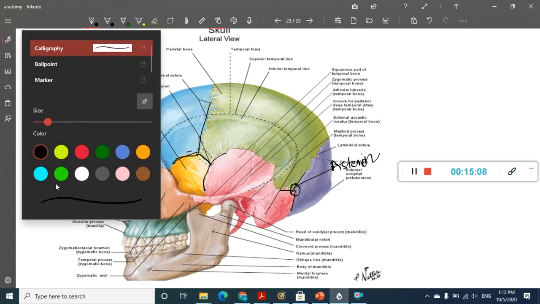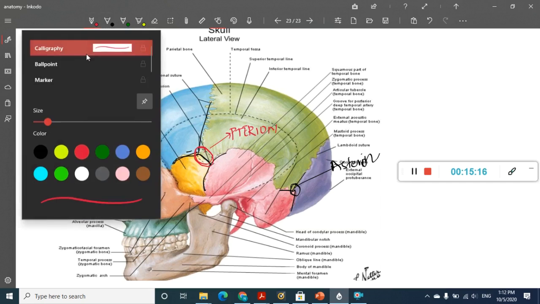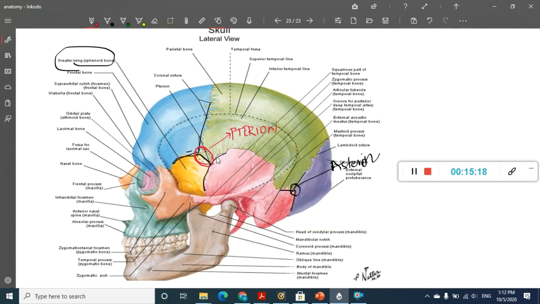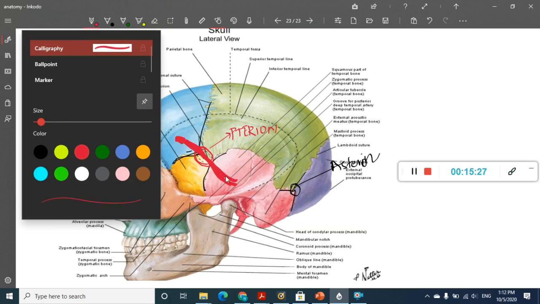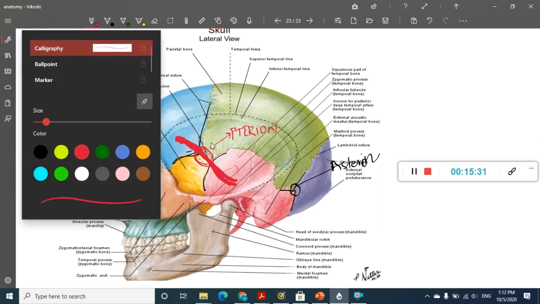This meeting point which you see is given a very important name, and this is the Pterion. One important landmark of this Pterion is that an artery flows through it. This artery is very important.